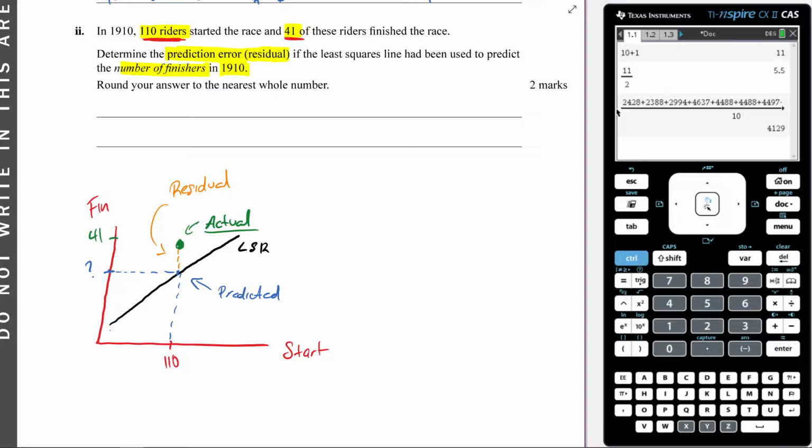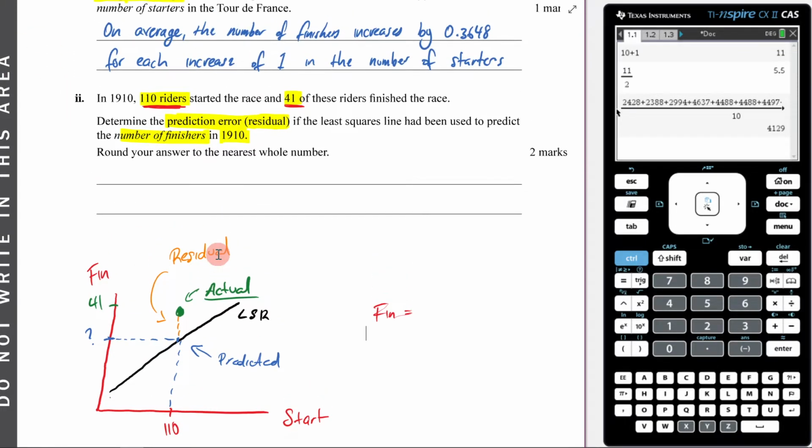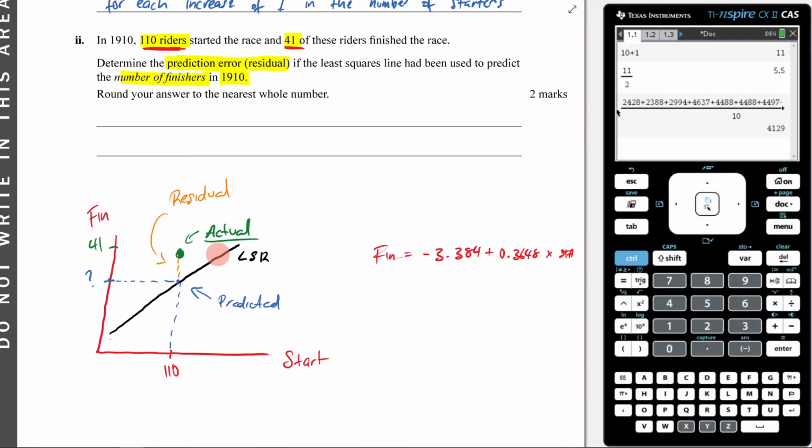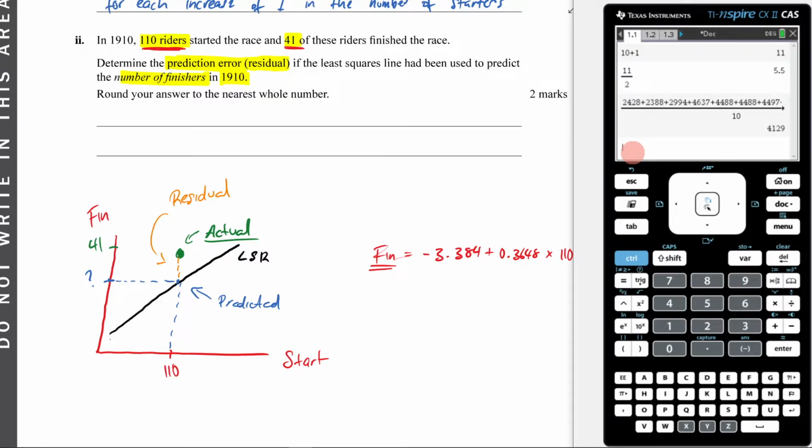In other words, my finishes is going to be equal to, now I need to look at my least squared regression line, negative 3.384 plus 0.3648 times my number of starters. Now I know we've got 110 riders start, so we go 110. I'm plugging that in, and now I'm going to figure out what the number of finishes is going to be.